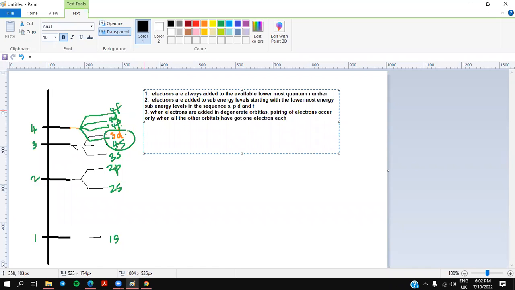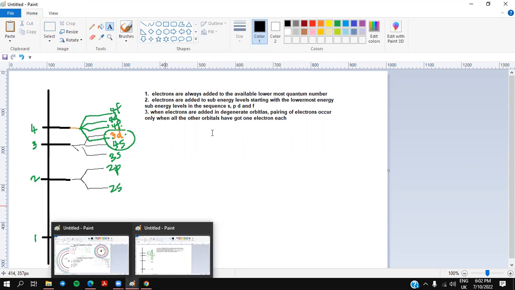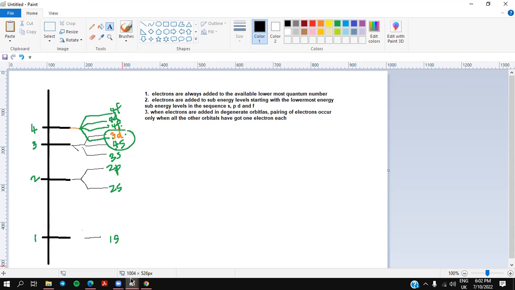When electrons are added in degenerate orbitals, pairing of electrons occurs only when all the other orbitals have got only one electron each. What is the meaning of degenerate?